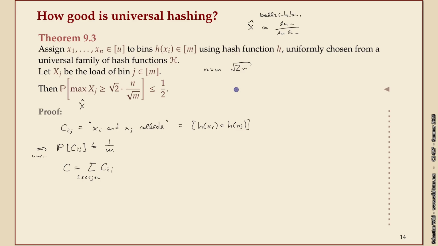So if I look at my xj, that's in general no longer binomial. Binomial is inherently using the independence of all the choices of the balls. And this is no longer true.